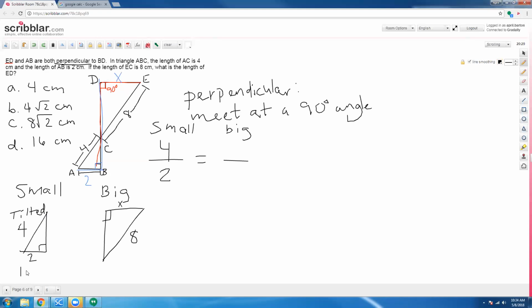And 2 was the horizontal line. It's just going straight across, which limits us. We've got to go the same order on the second fraction. Now we have to match. If we do the tilted line from the big triangle over the horizontal line of the big triangle, should this be x over 8, or should it be 8 over x?